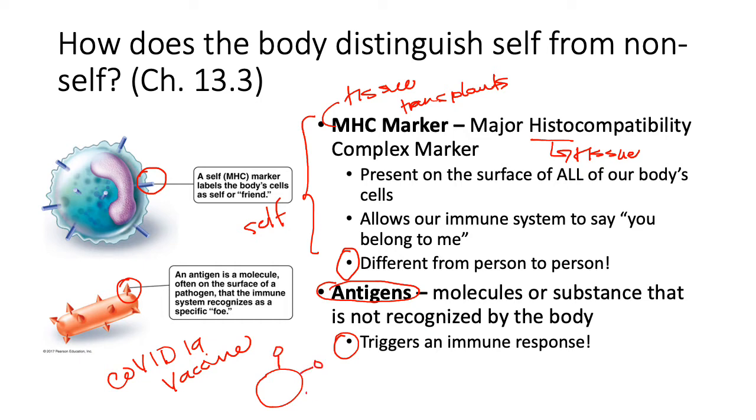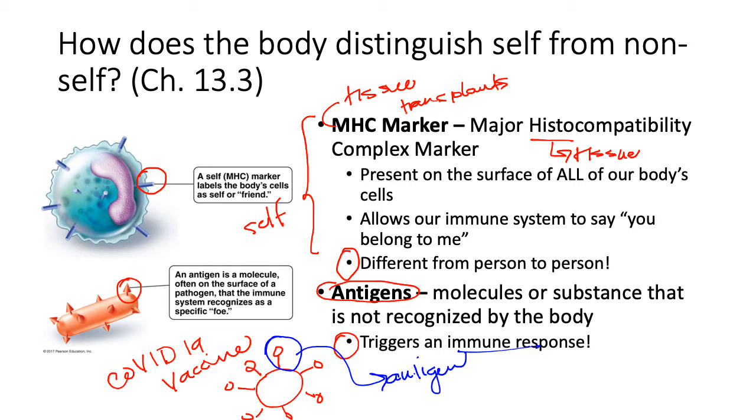It has these little spike proteins that make it look like this virus has a crown or corona. Your body is going to make these spike proteins. Those spike proteins are going to be recognized as an antigen by your immune system, and they're going to mount an immune response. And we'll come back to how that gives you immunity in a little bit.